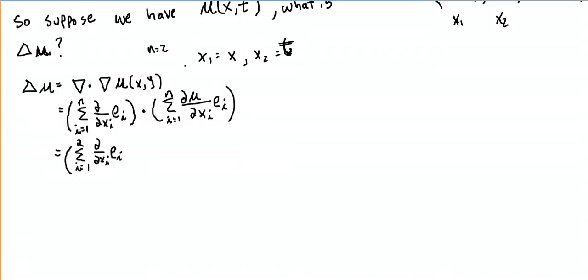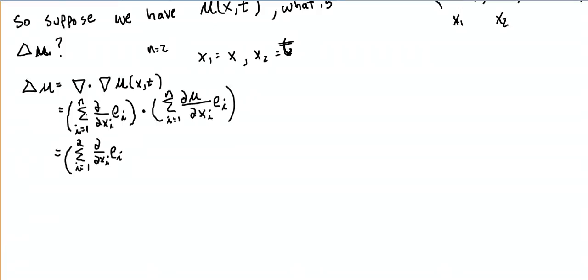Because notice, I am interested in finding what is. Oops, I found a small carry through error in this. This should be a t right here. Because we're interested in the Laplacian of u of x, t, which is going to give birth to this second order partial differential equation.